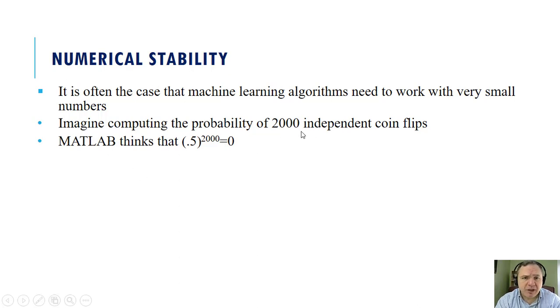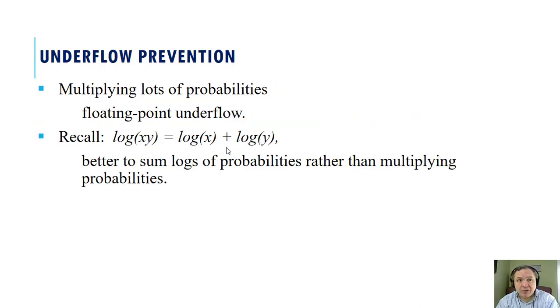If we have to multiply the probability of 2000 independent coin flips, we will end up with 0.5 to the power 2000. For MATLAB, which is a well-known tool for mathematical calculation, this number is equal to 0, which means that we lost the information. After some repetition, we will end up with a number that is so small that MATLAB considers it equal to 0. So now, how to solve that problem?